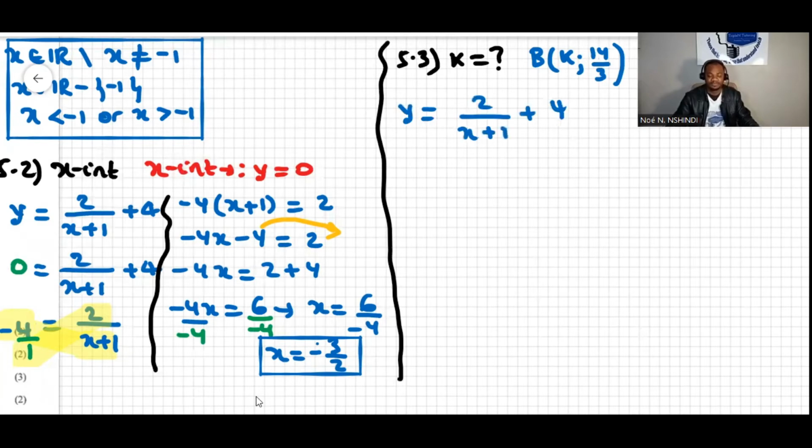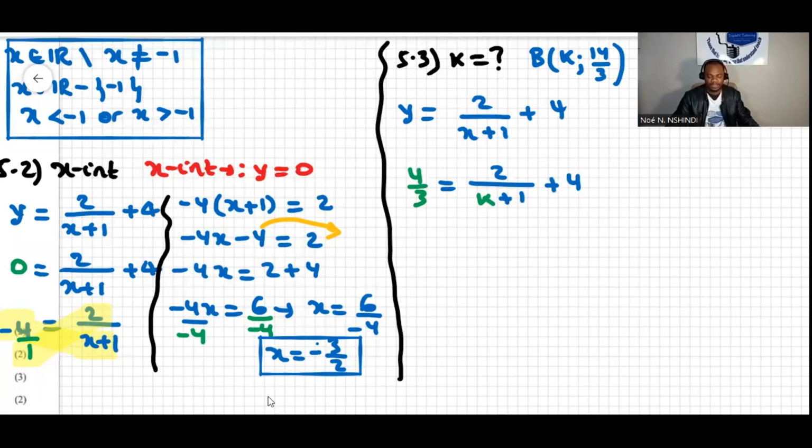Now we can sub in the point B in the equation, so this will become what? I sub in y is 4 over 3, and then x is k. So 4 over 3 equals 2 over k plus 1, plus 4.